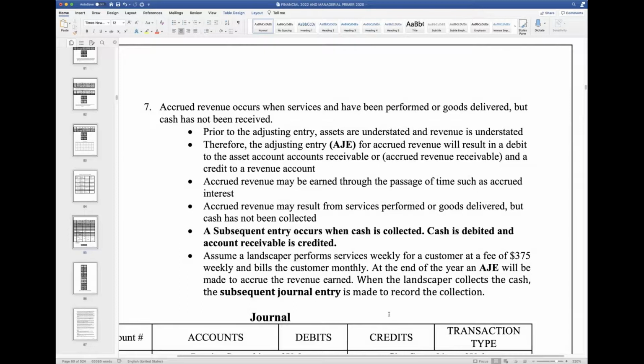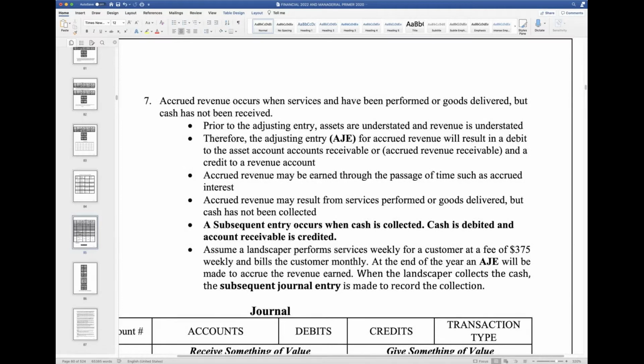Therefore, we accrue the revenue, which is similar to an account receivable, could be an interest receivable, but it's the same thing. It's just like an account receivable. A lot of times it just happens with the passage of time, such as interest. Now note this, a subsequent entry occurs when the cash is collected. So we're going to make the AJE first, and then when we get the cash, we're going to make a subsequent entry.